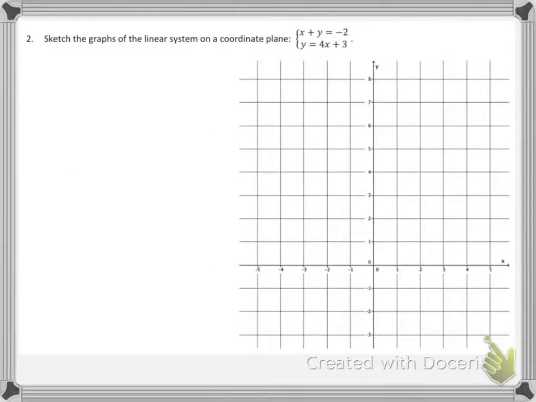Number 2. Same thing. I'm going to start with the slope-intercept form because that's the easier one. Crosses at 3. The slope is up 4, right 1. So there's my line. And I'll try to go through those 2 points as much as I can, okay? And then the second equation, well, that's standard form. So I can do x and y intercepts. If I'm trying to find my x-intercept, then my y is a 0. And we get x equals negative 2.